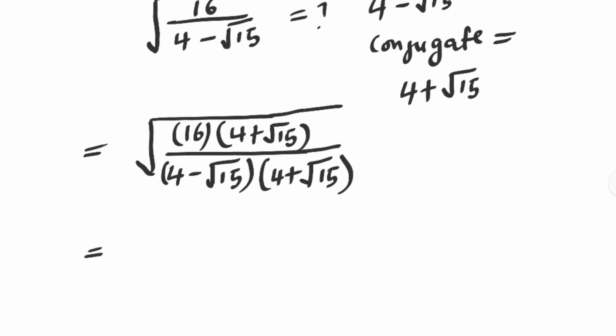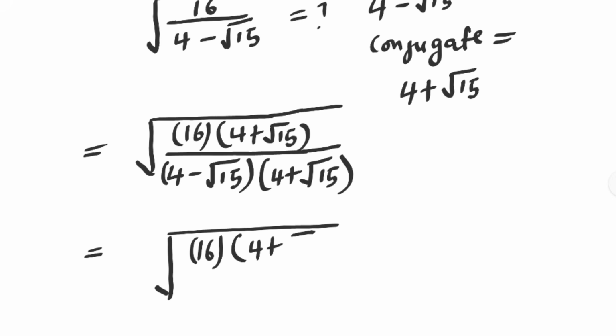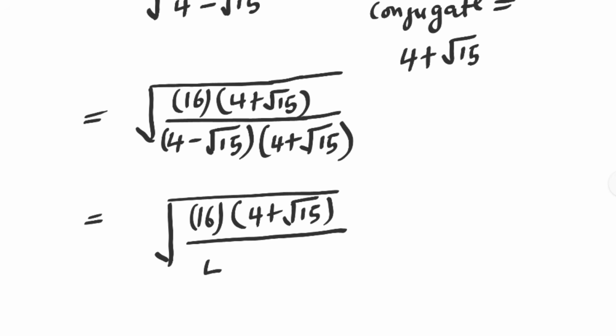This is equal to square root of 16 multiplied by 4 plus square root of 15, over the denominator, which is 4 square minus square root of 15 square.